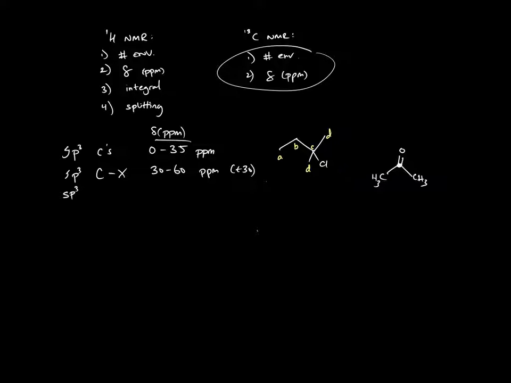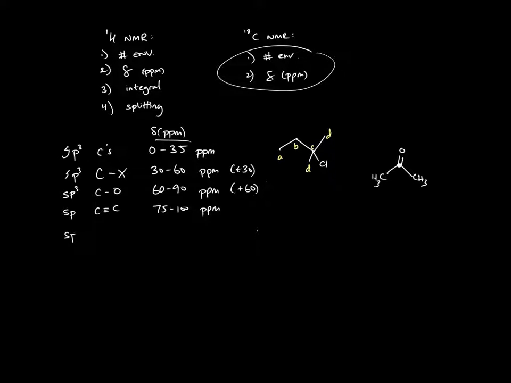An sp3 carbon attached to an oxygen appears next, a little bit higher, around 60 to 90 ppm, which would be approximately 60 higher than normal. And that's really all we look at, is just a carbon that's by itself or next to a halogen or next to an oxygen. An sp carbon, triple bond carbon, comes next. Those guys show up usually around 75 to 100 ppm.